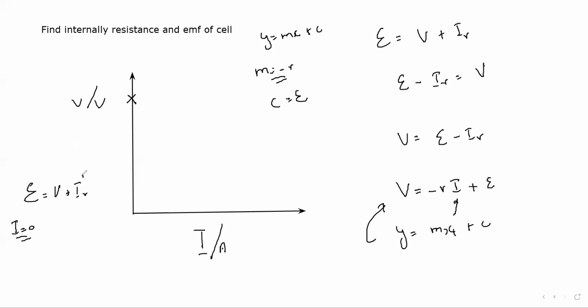As the current increases, the voltage drop internally increases, because the sum of external plus internal voltage is equal to EMF. So the voltage drop internally will increase, and the voltage drop externally will decrease. If we increase the current, the external voltage will decrease. So when we plot these results, it will show a straight line.